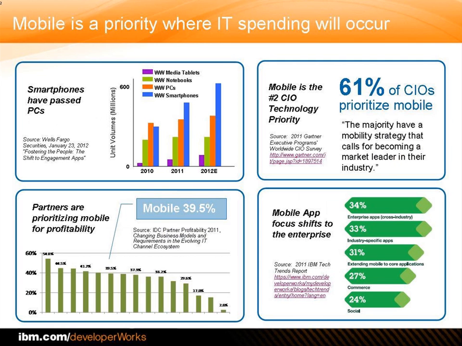On this chart, if we look at the reasons why mobility became such a big thing for companies in the last 2 years, we can see in the top left a chart that shows the amount of computer-based devices that have been sold around the world since 2010.